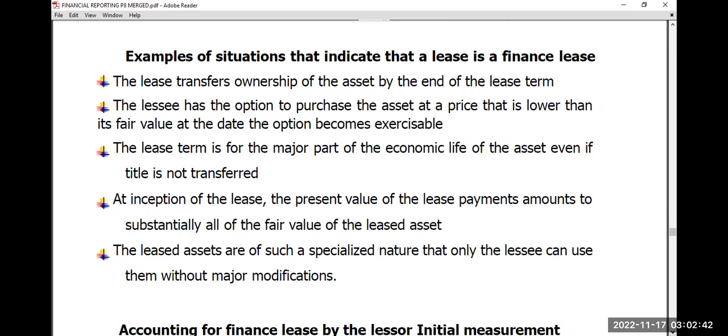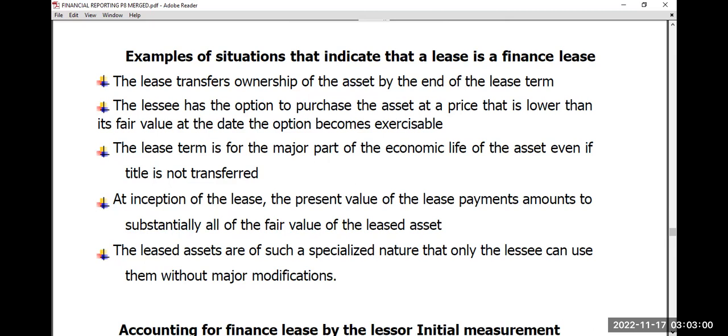Even if you don't sell that asset to the person, by the time the person ceases to have the right of using the asset, it will also be very old.